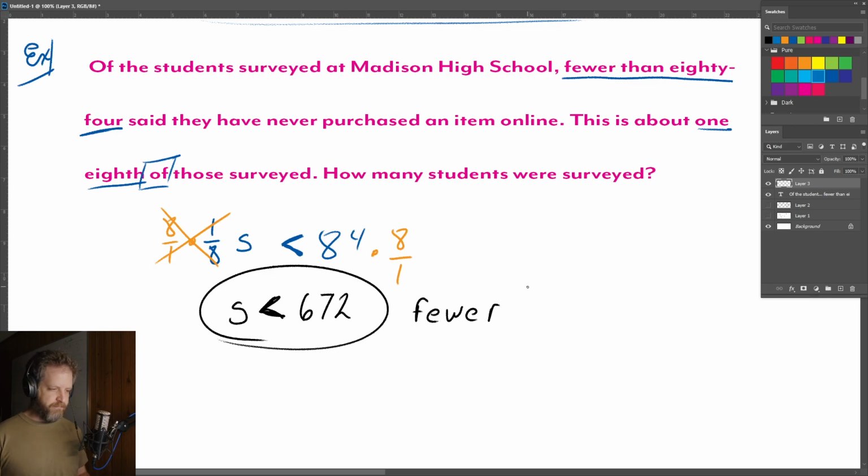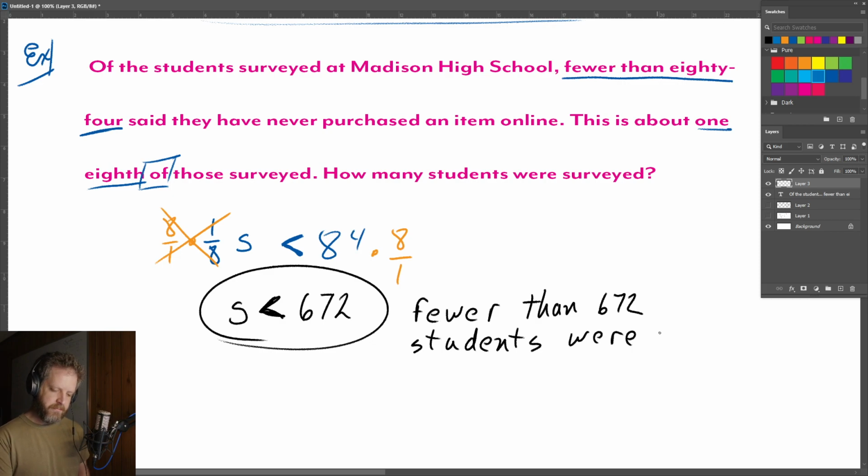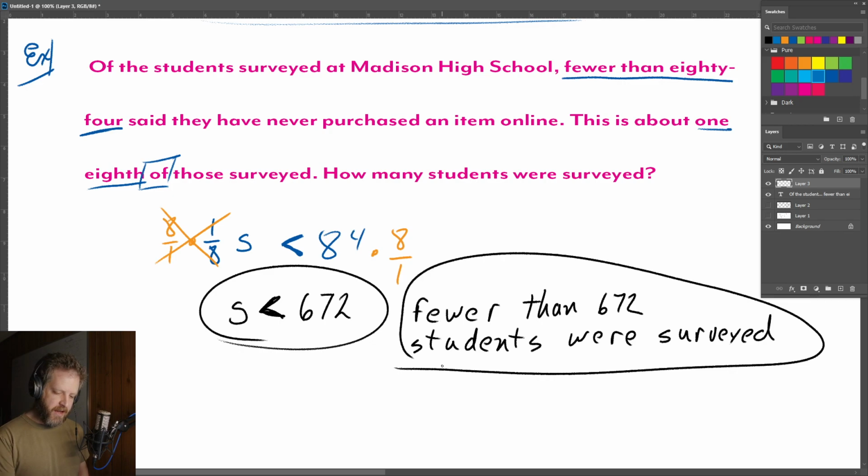So the probably most correct answer for this problem would be the phrase: fewer than 672 students were surveyed. Okay. So that would probably be the most correct answer for this problem. That makes sense? Yes. Good.